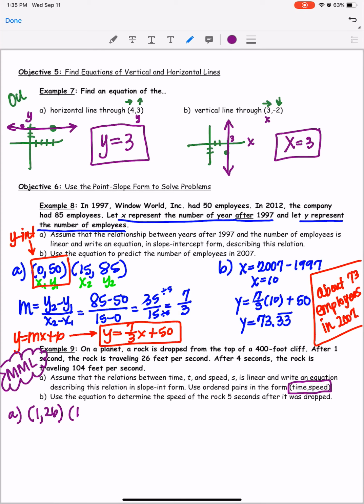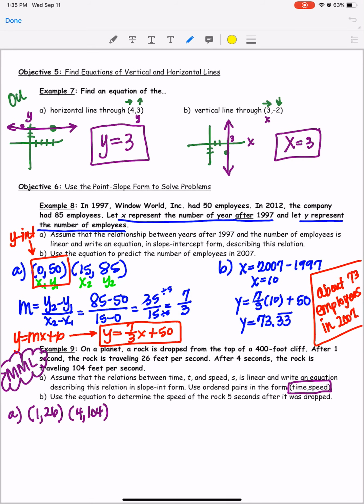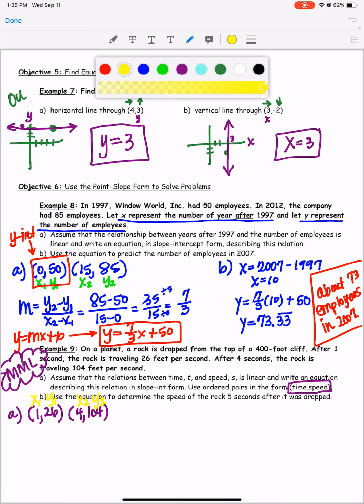Oh, whoops. So 4, 104. So label your ordered pairs. This is your x1, y1, x2, y2. Sorry that's so light, but it is what it is.